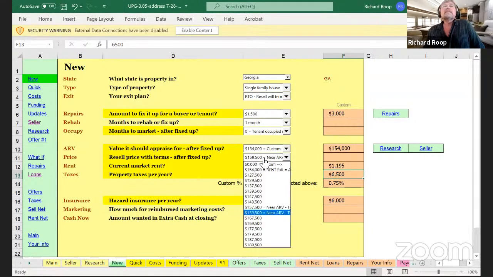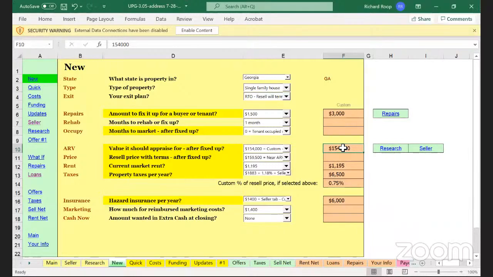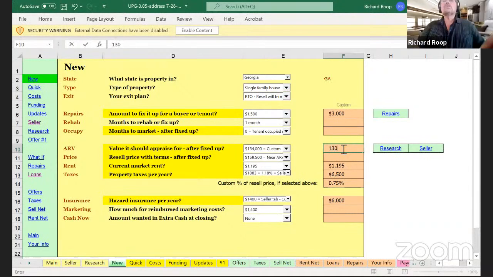So I can fix it up and sell it for $159.5, but I'm taking offers as is. So the as-is value, without being fixed up, would you say it's worth 130, 120? What do you think it's worth as is? I think 125, 130 is realistic.